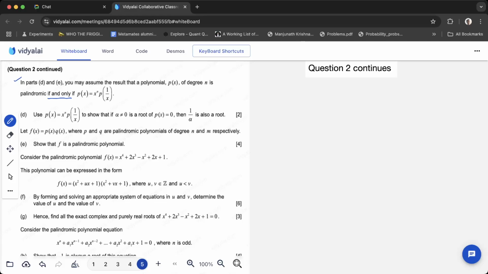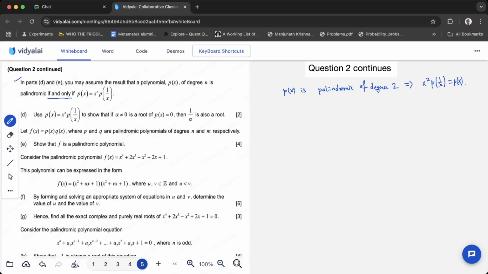Like we proved that if p of x is palindromic of degree 2, then x squared times p of 1 over x equals p of x in the previous part.